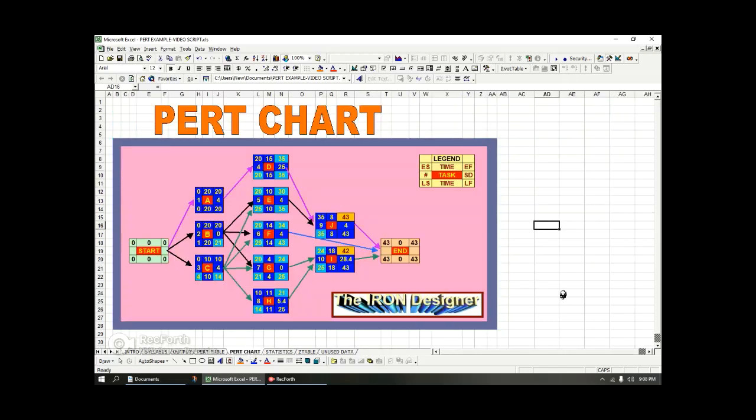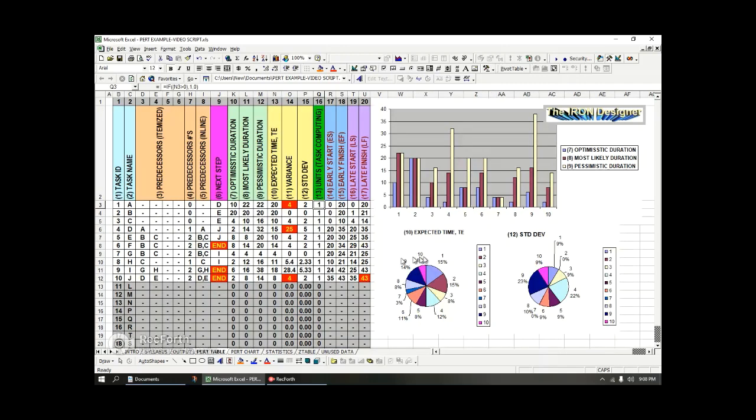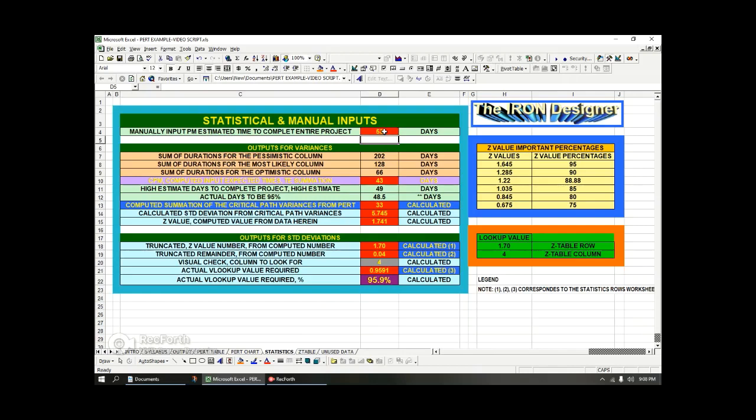But let's finally get into the Pert chart. And this is the slide for the Pert chart so we can visualize our path. So quickly, just going back to the Pert table. Remember, we've got 10 tasks, and some have predecessors, and there might be some parallel paths to get this thing done.